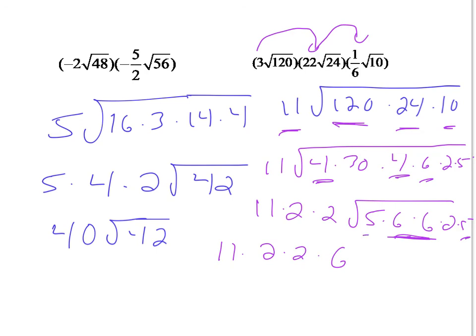The 2 5s can both come out. They become a 5, and left inside I still have a root 2. So outside it looks like I have 11 times 6, which is 66, times 10, which is 660, times 2, don't tell me, 1320, I think. You can correct me if I'm wrong. 1320 root 2. That was a tough one.